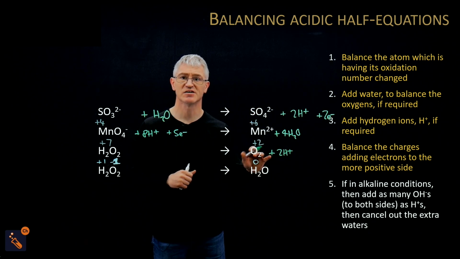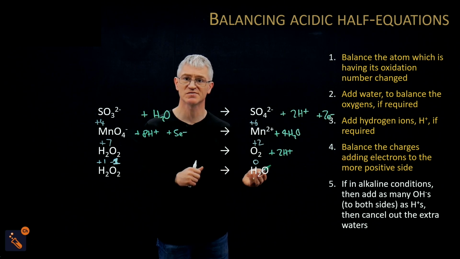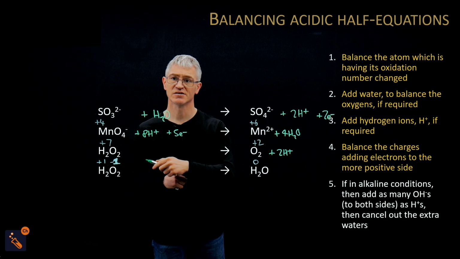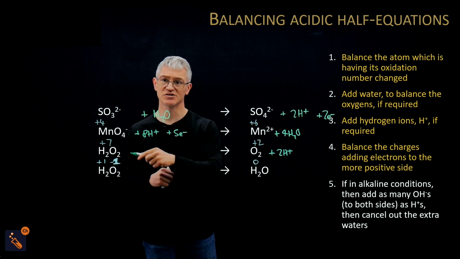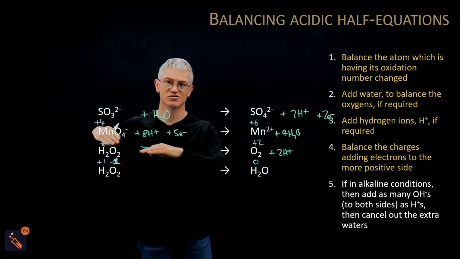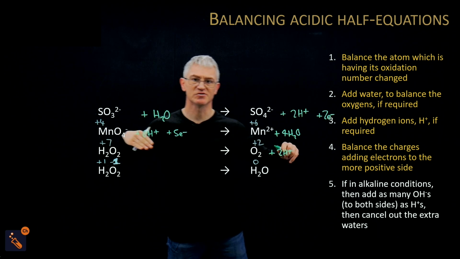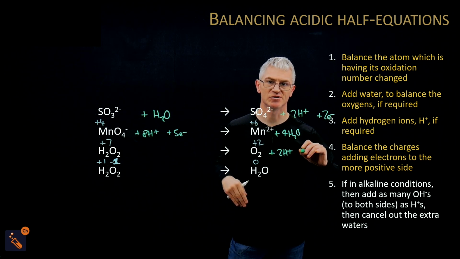Okay, so we've added it on this side, and then we go to balance the charges, adding electrons to the most positive side. So the most positive side, this is 2+. This is going to be neutral, so there's nothing. And then this is 2+. That means this is the most positive side, so I have to add the electrons to the most positive side.